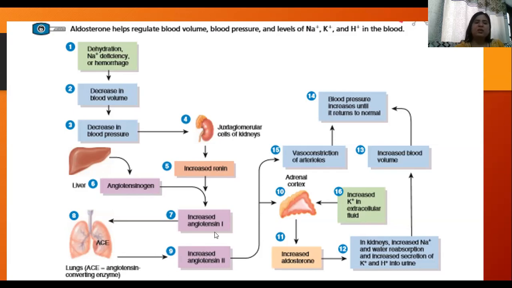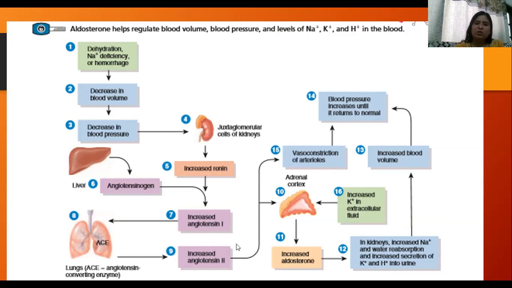This angiotensin 2 is a potent vasoconstrictor of arterioles. So it constricts the arterioles so that the blood pressure increases. Like a water hose pipe, if you put a finger on it, the pressure increases. So any hormone which constricts the arterioles will increase the blood pressure, right?